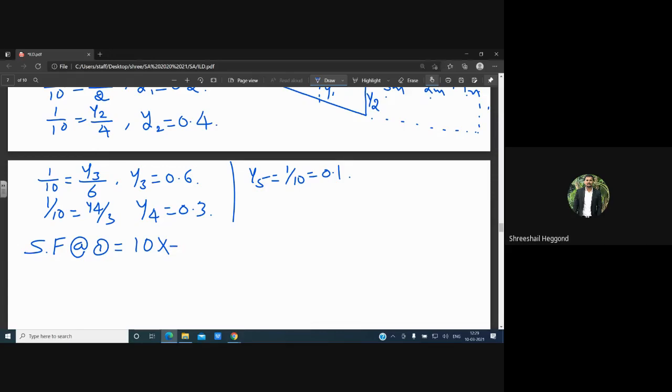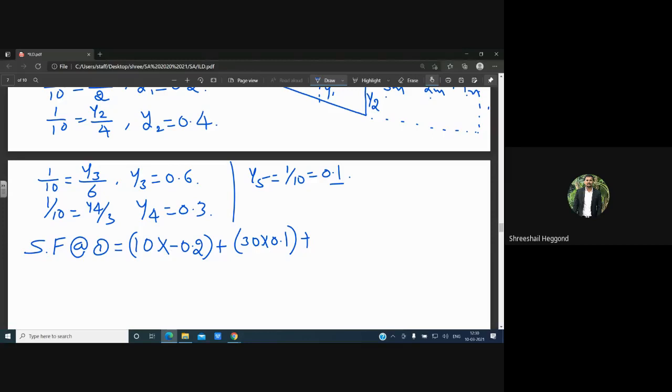Therefore, it is negative: minus 0.2 times 10. Next, y2 is 0.4, but no load is applied there; the UDL starting point is y2, so the load is not applied. Therefore, for the 30 kN load I can write 30 into the last ordinate, y5, which is 0.1, multiplied with 30.